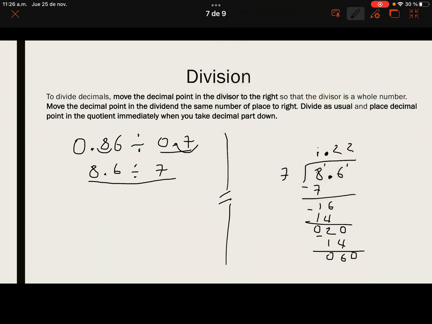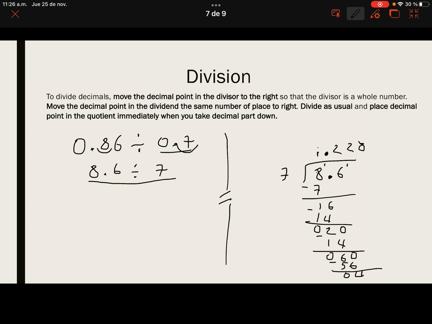8 times 7 is 56. Then 56 here and subtract, and the answer now is going to be 0. As we can see, we have many decimal numbers in the decimal part. Then we can just stop there and round the answer.